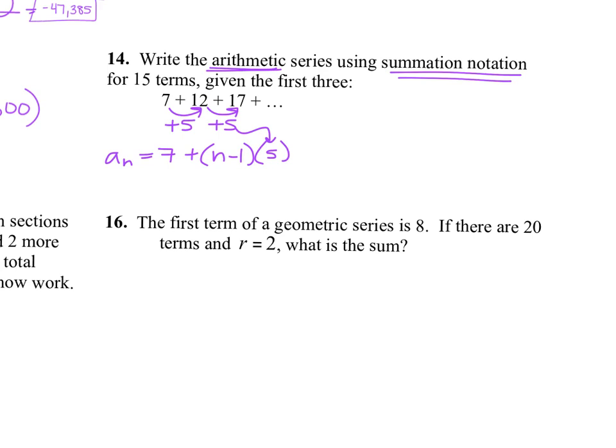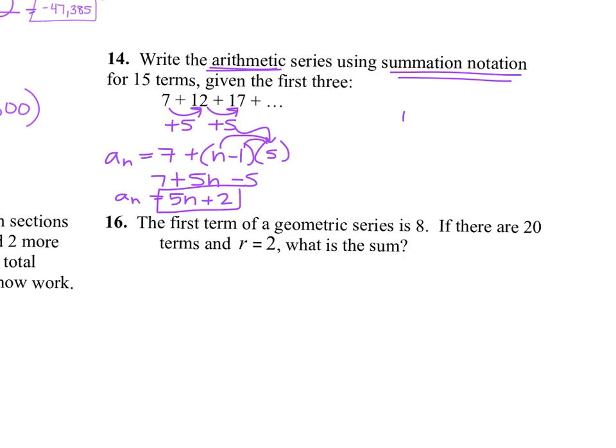Okay, if we simplify this, we get 7 plus 5n minus 5. So it's going to be 5n plus 2 for our explicit formula. Okay, so we have this.